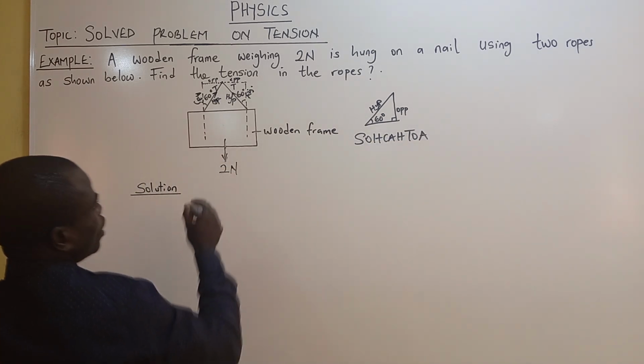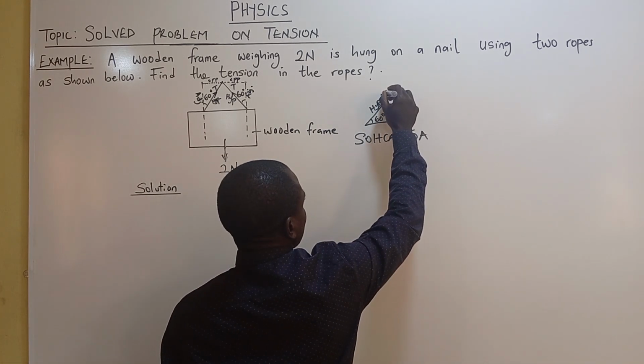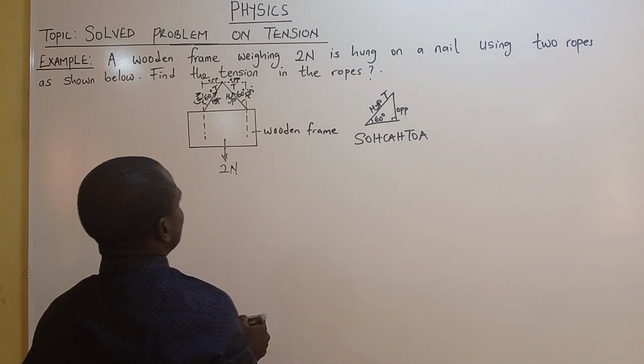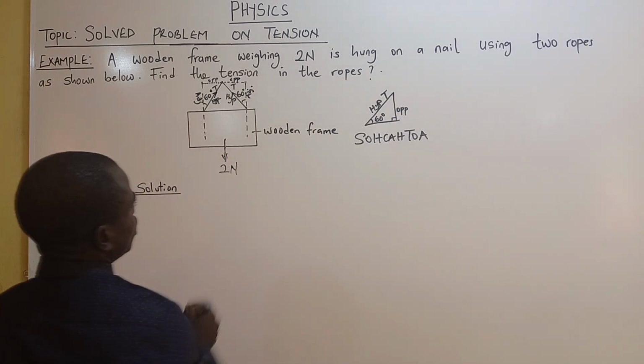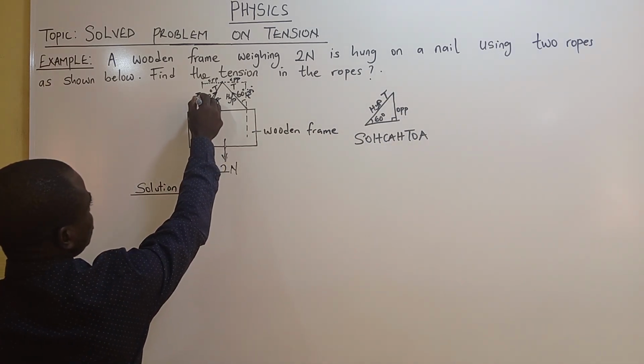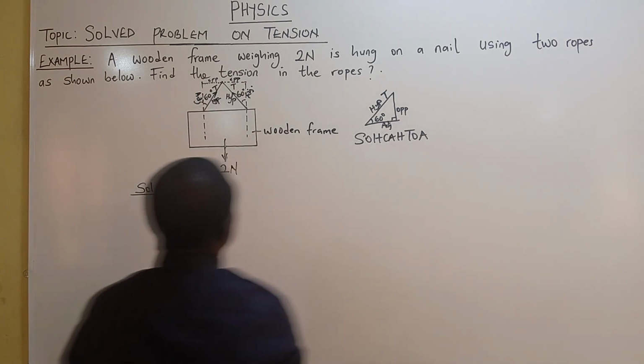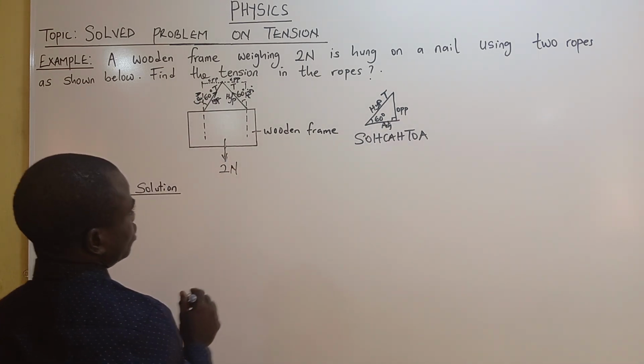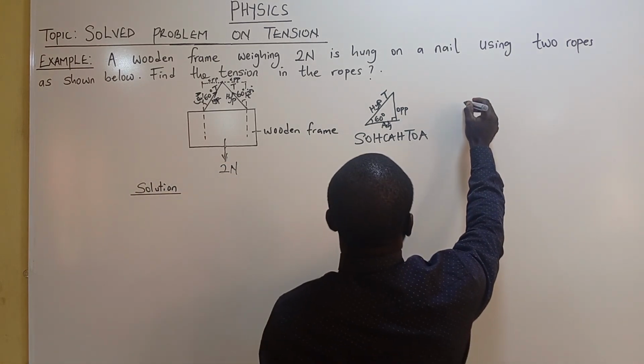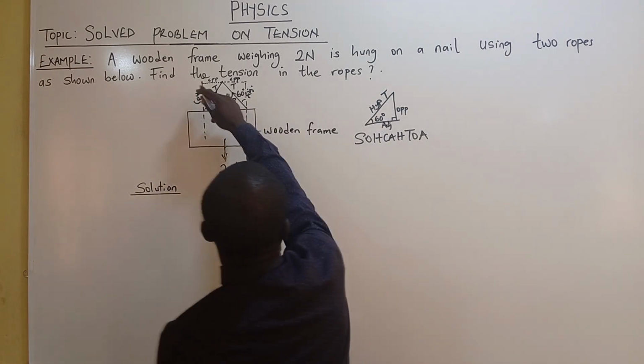Now we have this as the tension. I want to resolve it to the vertical direction, which is the adjacent. This is the adjacent. For better understanding, you can still do it like this so that it will be in this form.